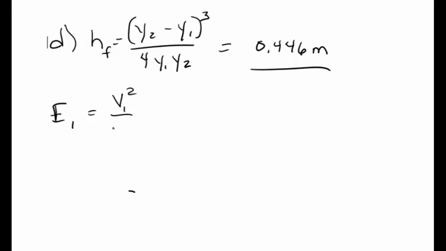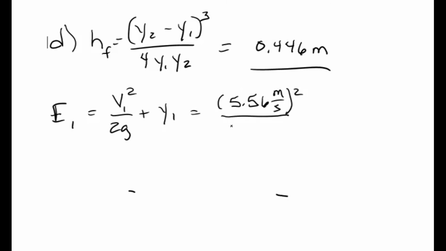It'll be just our kinetic energy term, V1 squared over 2G, plus our elevation, Y1. We know all these values, so that's 5.56 meters per second squared over 2 times 9.81 meters per second squared, plus our Y1, which was 0.4 meters.